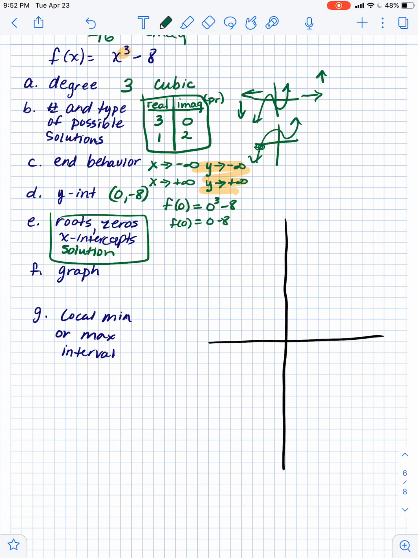But they all mean exactly the same thing in terms of how we get that number. So again, you have your two choices. They are to factor or synthetic division. Now, can you factor x cubed minus 8?